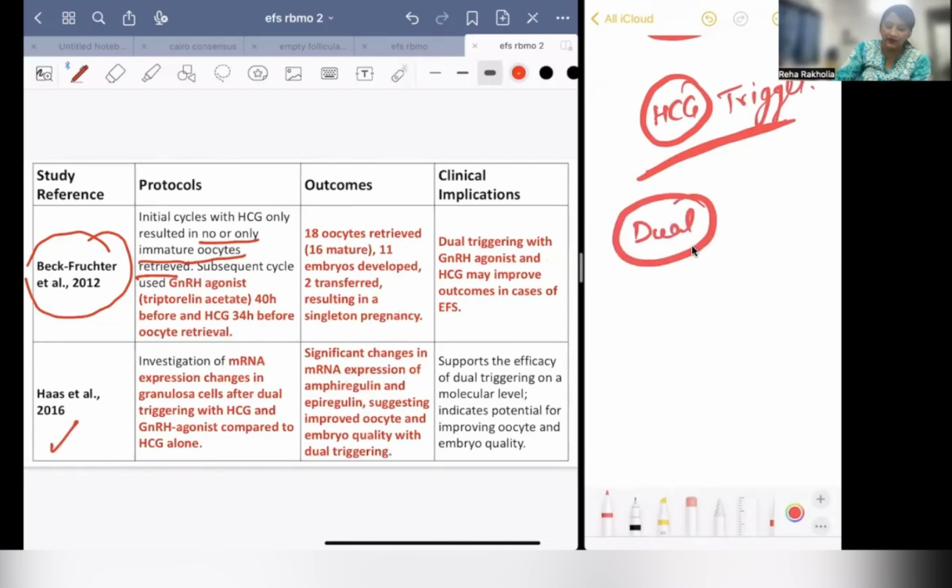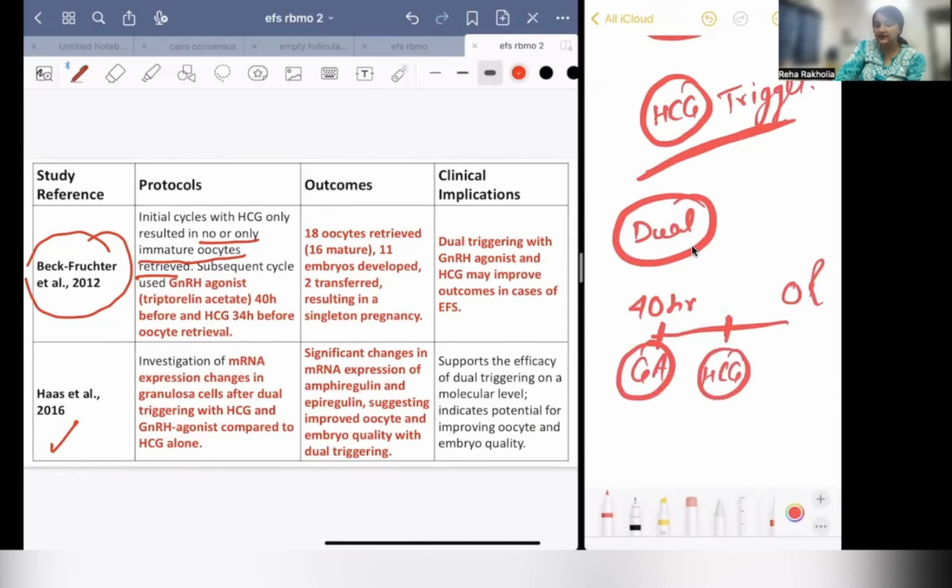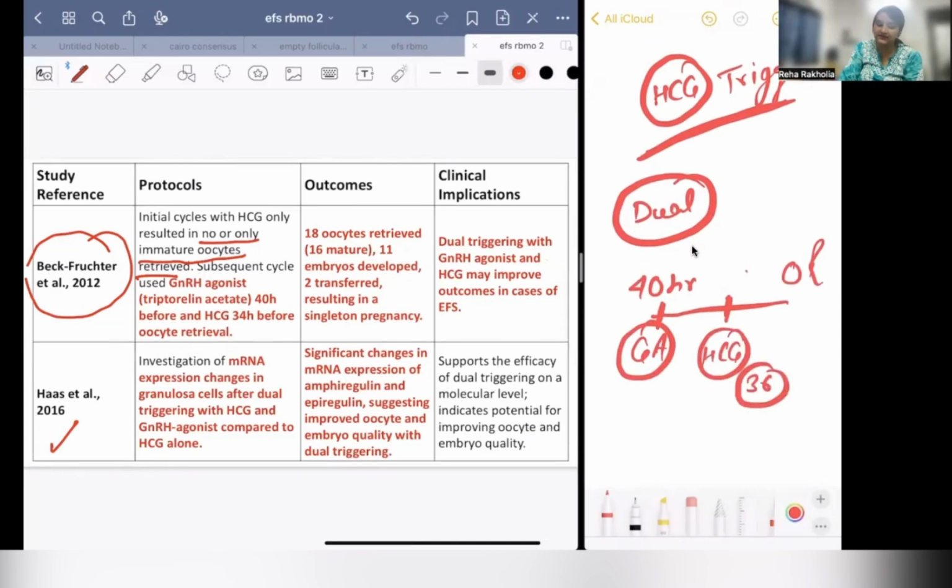In this study, they gave GnRH agonist triptorelin acetate 40 hours before, and HCG 36 hours before the oocyte retrieval.